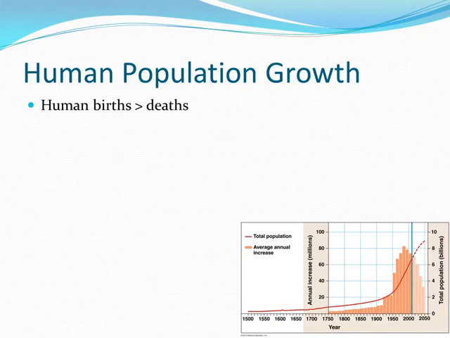If you're looking at this overall total population, it's exponential. But I can see how you're saying the average. Yes, very good. This average annual increase is becoming more logistic. I agree. But overall, we're having more births than deaths, and hence the reason why we have this increase in population.